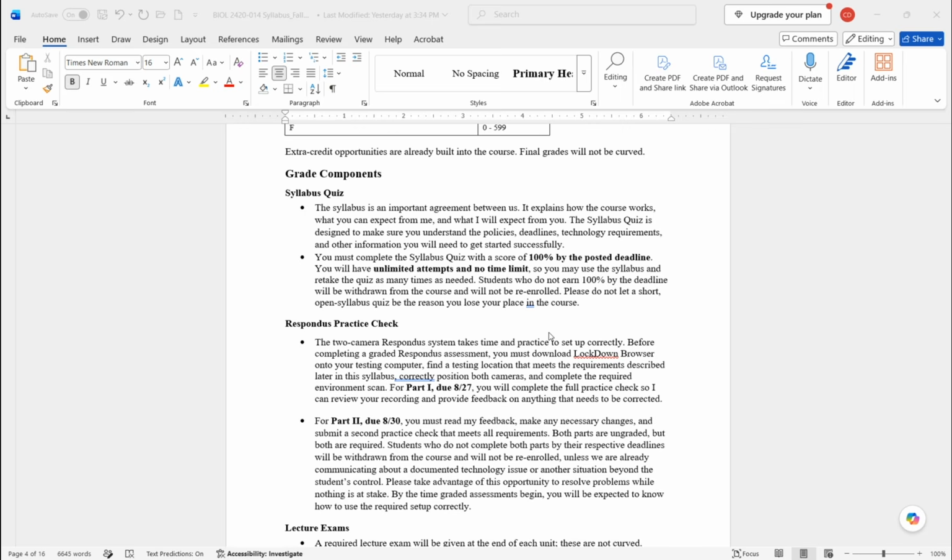One camera, like from your laptop, looks at you head on, and then you'll have another device with a camera off to the side that gives a profile slash face view, but also shows your testing environment, your hands, your computer screen, things like that.